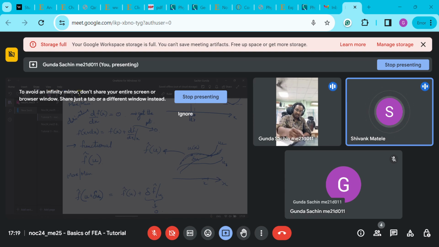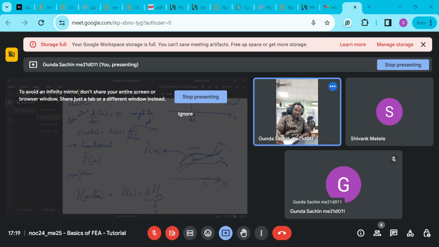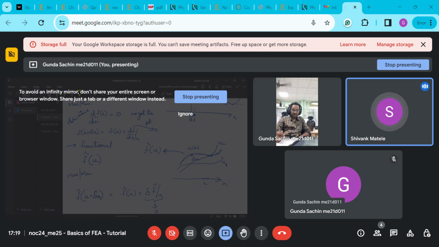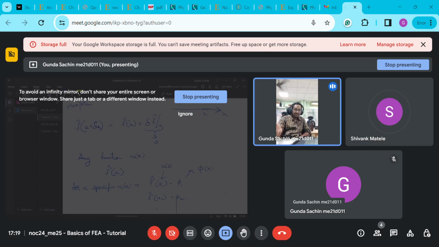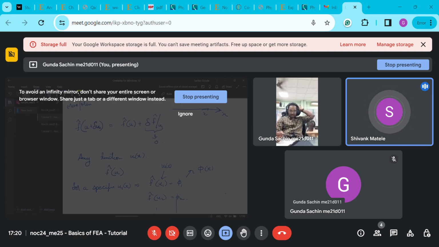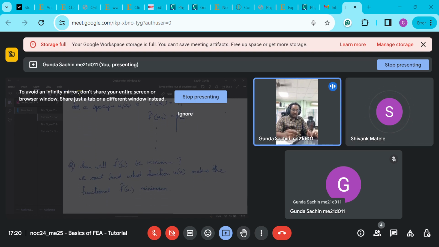Can you please show the curve above that you drew? Yeah, here u1, u2, these are different functions. But u of x can be anything, any function you can say. And phi is something we get as the output of that functional, let's say a scalar value.